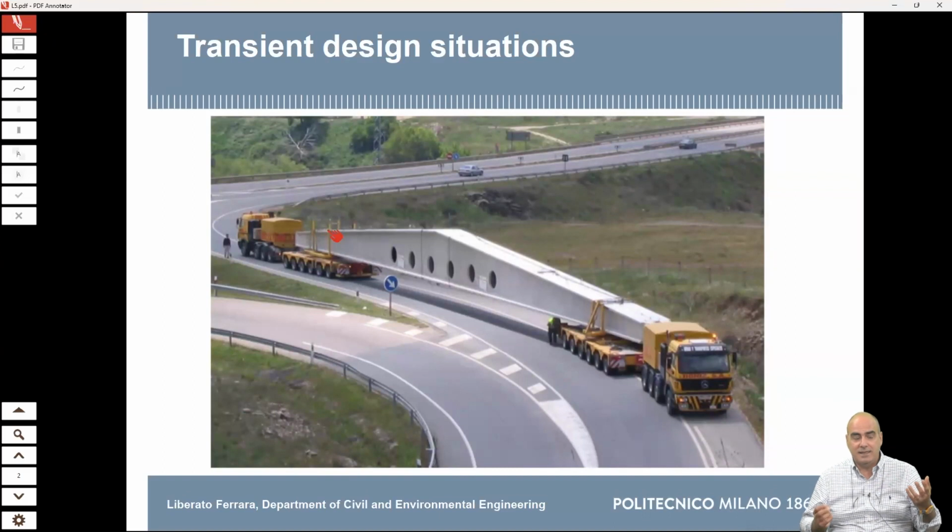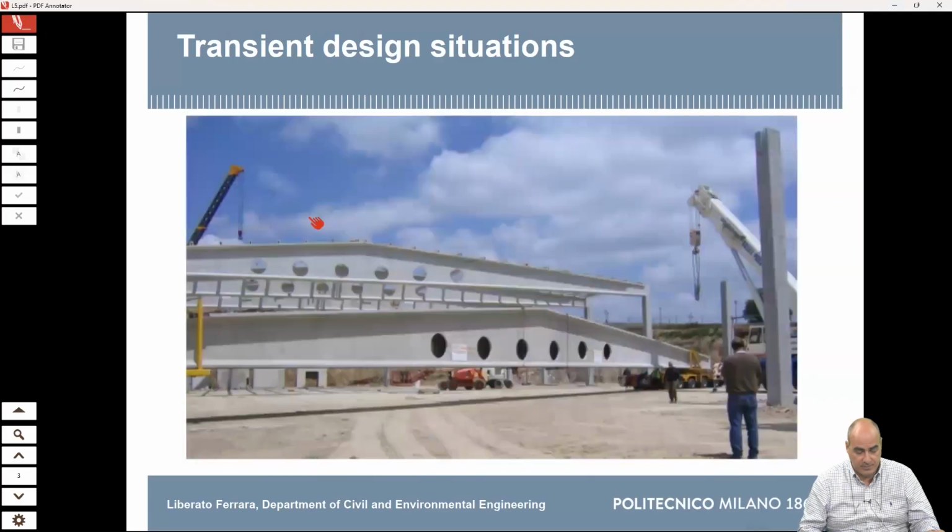But that means that, if you think of this beam in a classical portal, 2 columns, hinged connection, simply supported, you neglect torsion, you neglect the bending in the out-of-plane direction, because in most cases when you have completed the building, this will not be governing. When you are in this situation, it is exactly torsion and lateral bending which governs the design. So these specific situations have to be taken into account in the transient design situations.